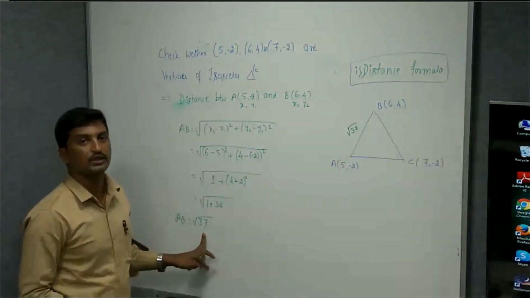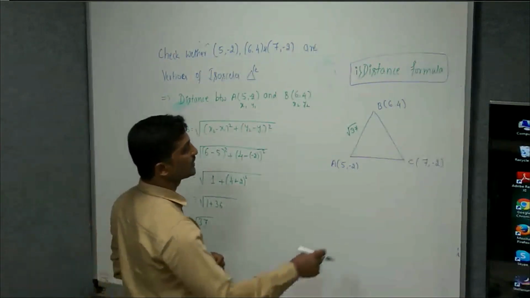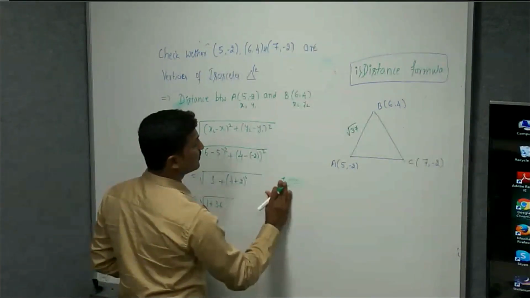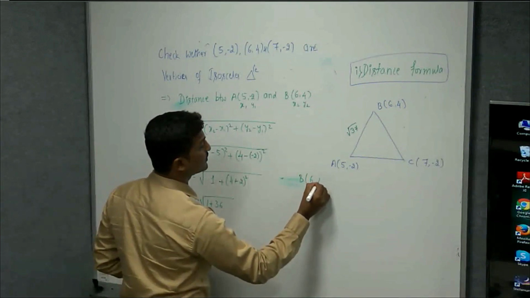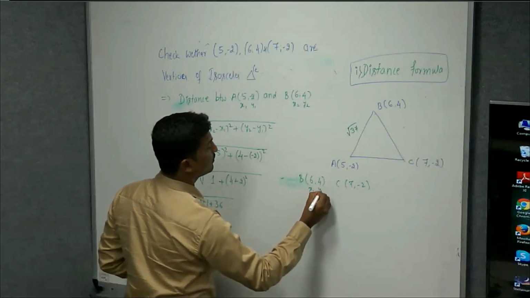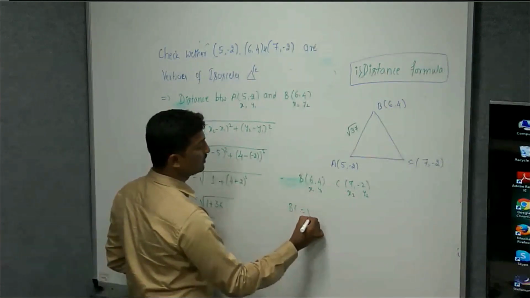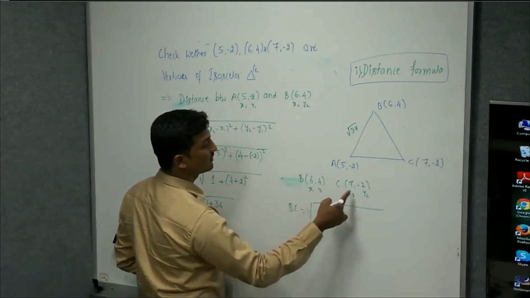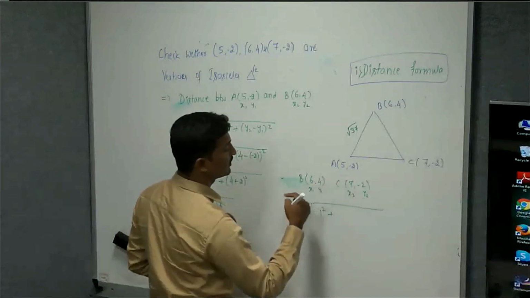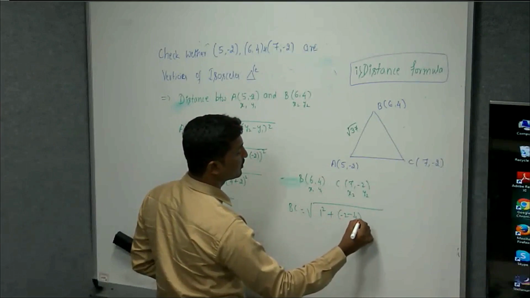In the same way, you need to calculate the length of BC and AC. Now we'll see the length of BC. What is B? (6, 4). What is C? (7, −2). (x1, y1), (x2, y2). So BC will be the square root of (x2 minus x1), 7 minus 6, that is 1 square, plus (y2 minus y1), y2 is minus 2 minus y1 which is 4.